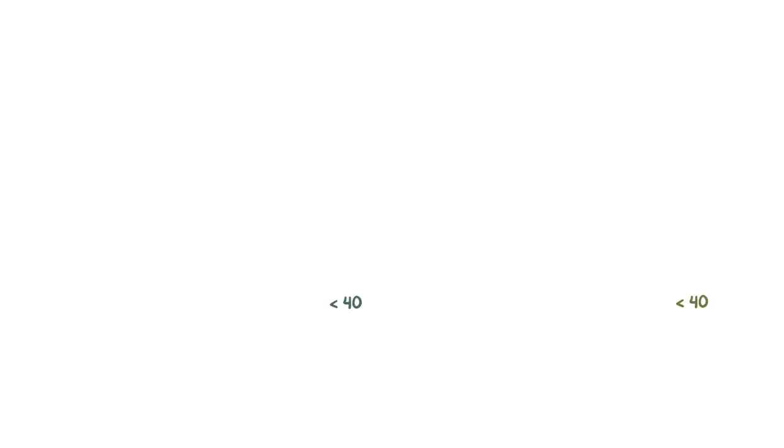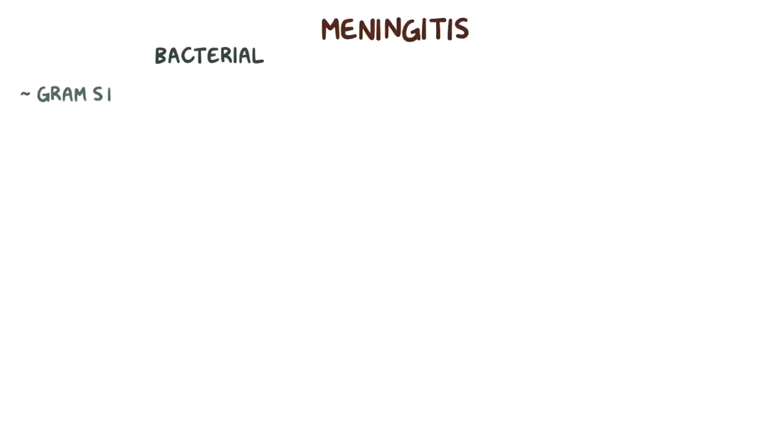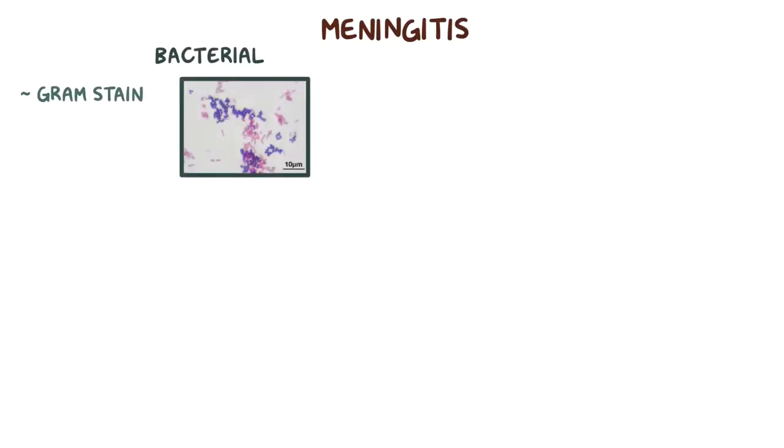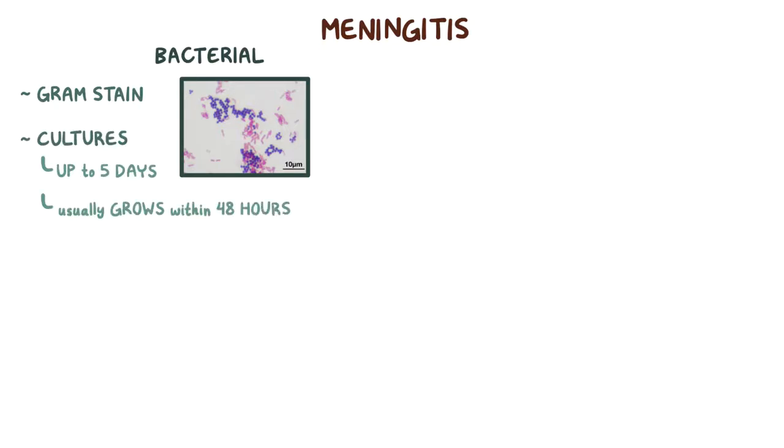Alright, now in bacterial meningitis, the gram stain result can be done immediately, whereas the culture can take up to 5 days, although most pathogens grow within 48 hours. So if the culture is negative, then this effectively rules out acute bacterial meningitis. Unfortunately, the yield is significantly decreased if antibiotics are given before collecting the cerebrospinal fluid.